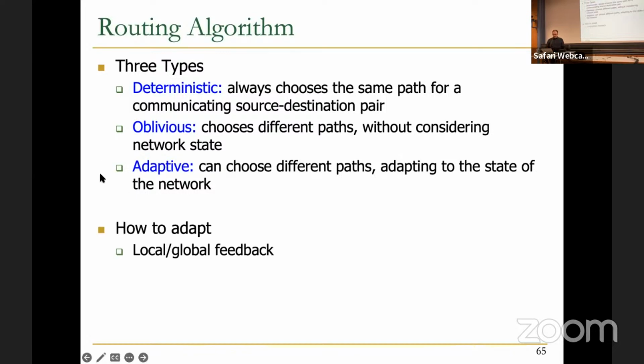So how to adapt? You need to know some notion of congestion. In adaptive routing, you always need a way to learn about congestion in the network. People have designed a lot of ways. Sometimes you only care about your neighbor's congestion. You only check the next router, the downstream router, and ask how many buffers you have. Oh, you have enough free buffers, so I think this path is less congested.